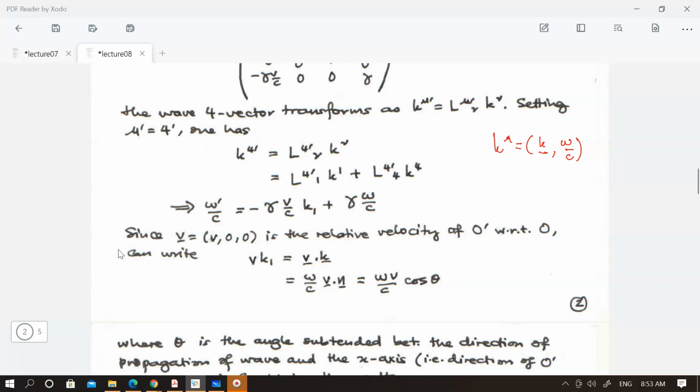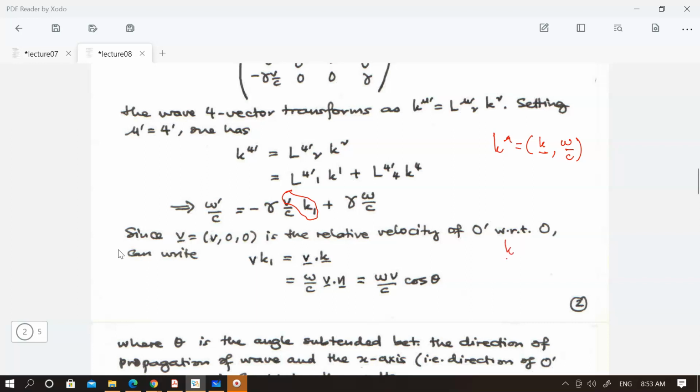Then you can write down your v k1, which actually appears here. It's v dot k, and you can write this in terms of your omega.